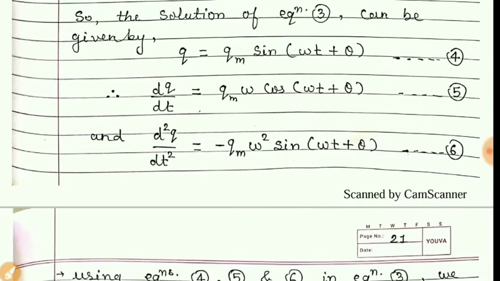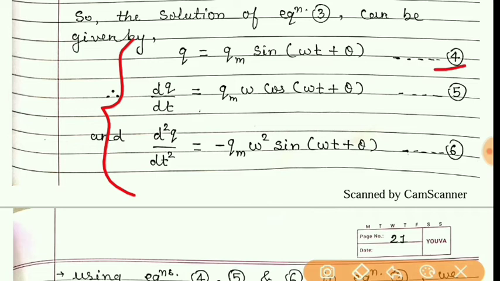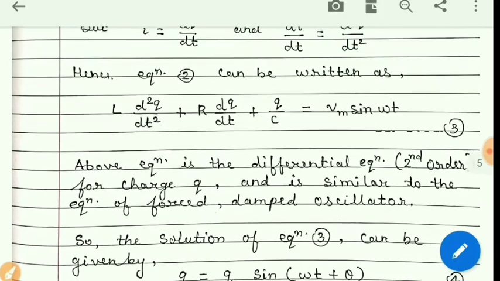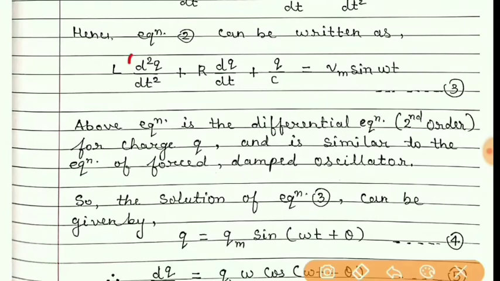Now we got these three equations, equation number 4, 5 and 6. So using these equations in the above equation, in place of q we are going to write this, in place of dq by dt we are writing this, and in place of d square q upon dt square we will write this. So students, here in this equation we are going to place the value of this, value of this and value of this.